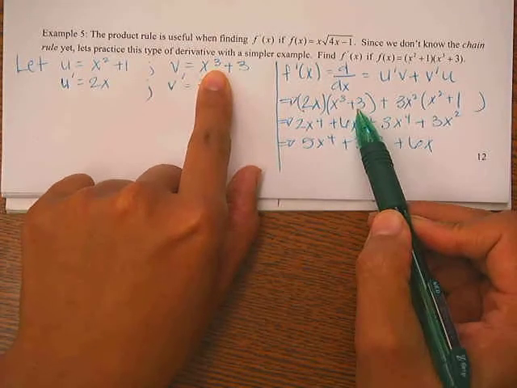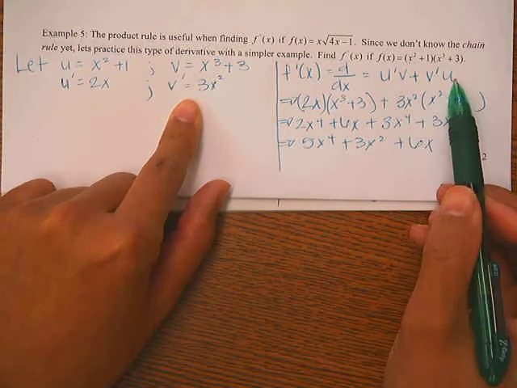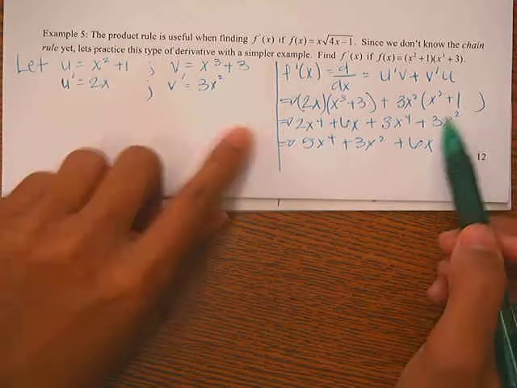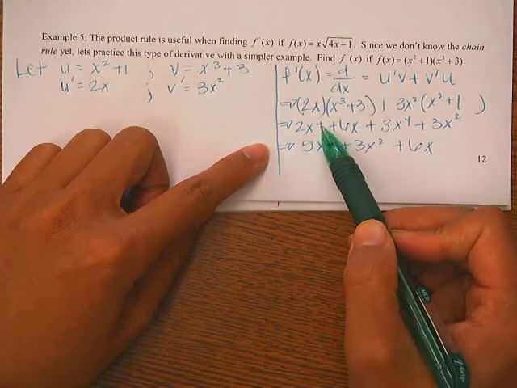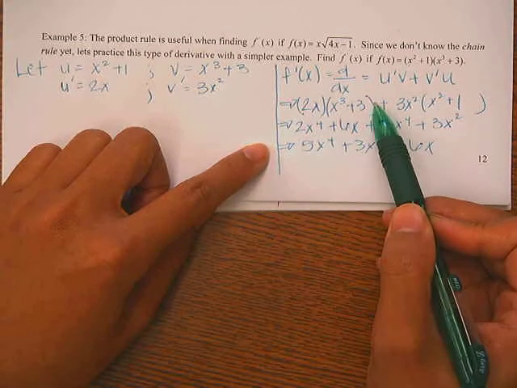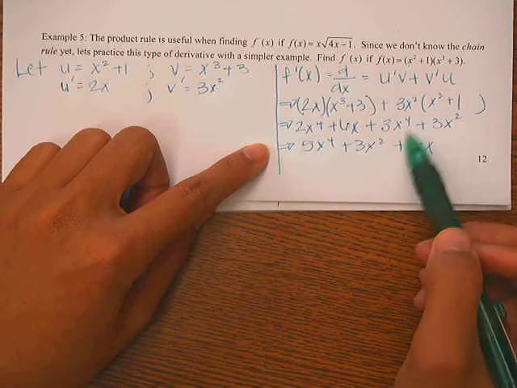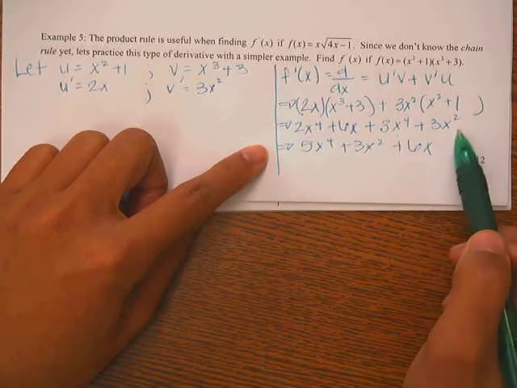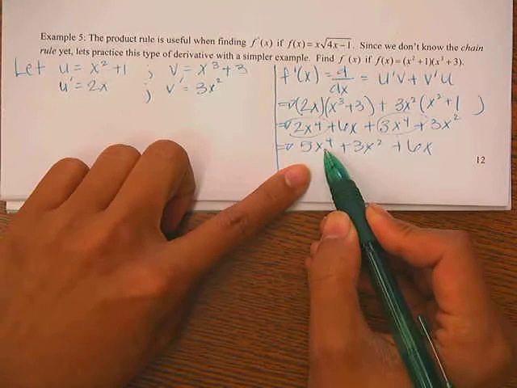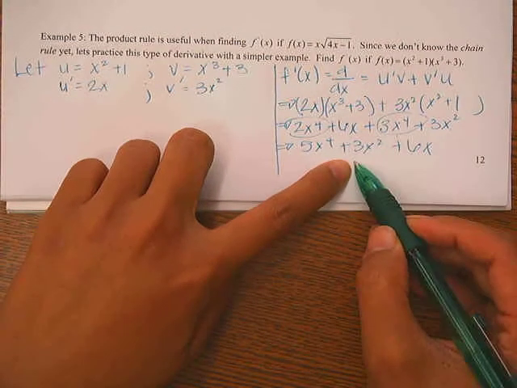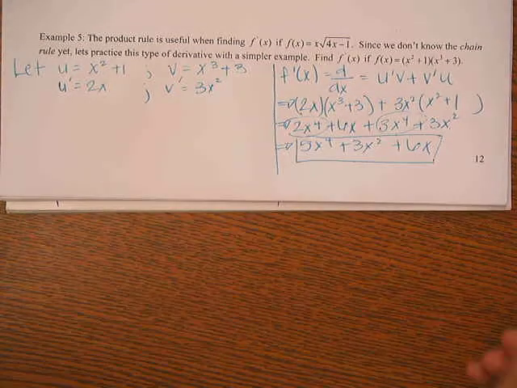So that's that piece. v prime is simply 3x squared times u, which is x squared plus 1, distribute. 2x times x to the third is 2x to the fourth. 2x times 3 is 6x. 3x squared times x squared is 3x to the fourth. 3x squared times 1 is itself. Combine that and that, that's 5x to the fourth. Move this over here and that there. So this is the derivative of f.